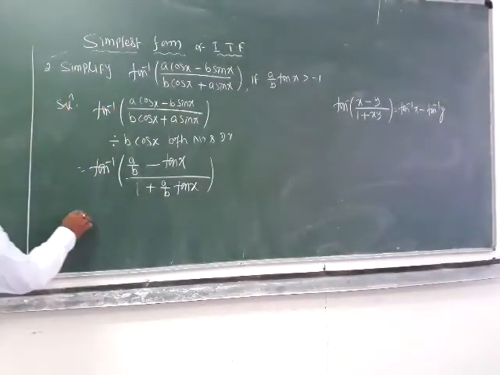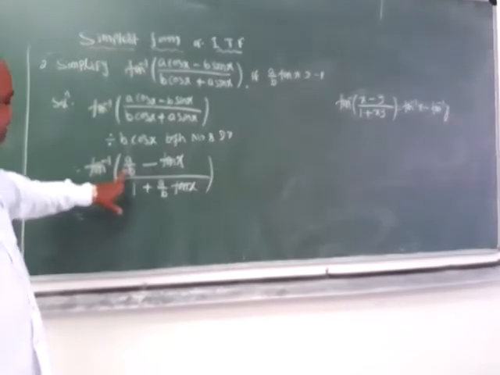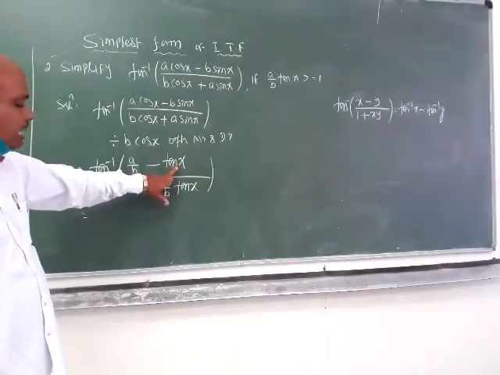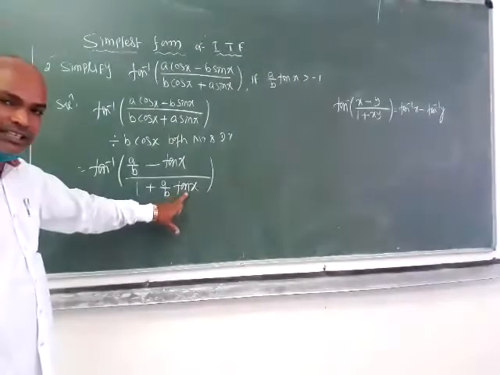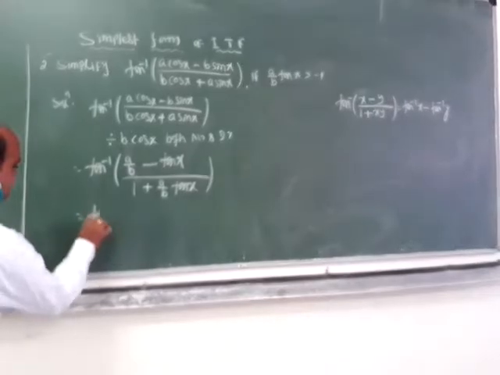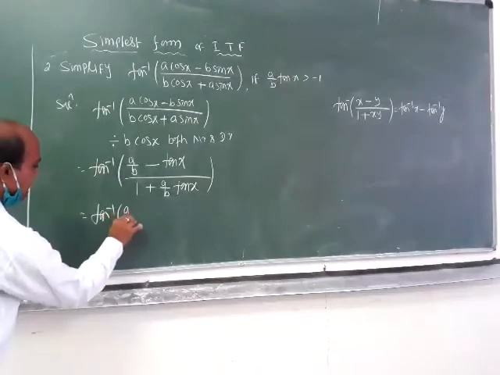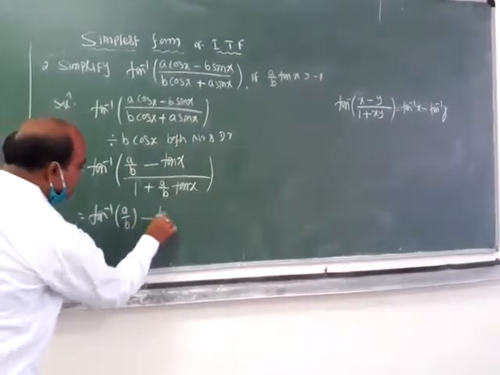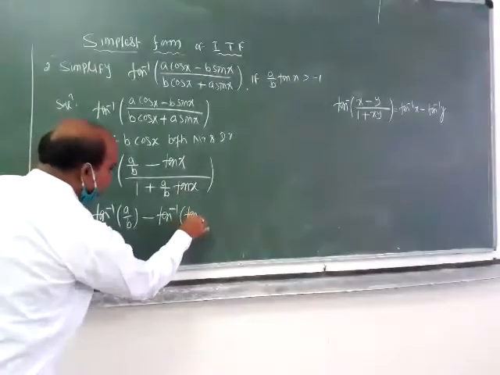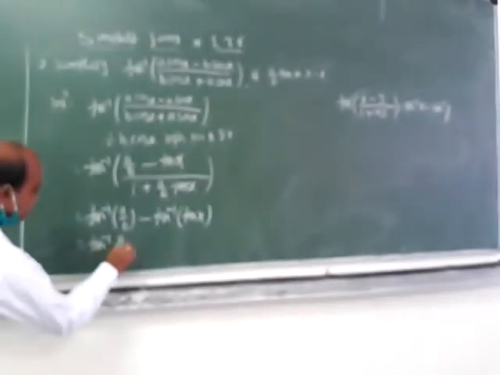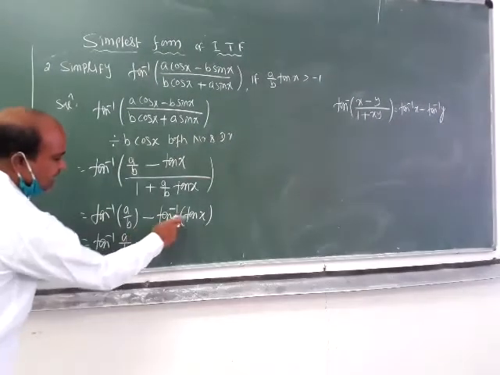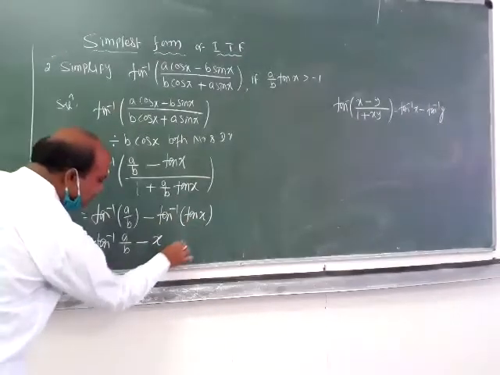Now you notice the formula for tan inverse of (x minus y) upon (1 plus xy), the result is tan inverse x minus tan inverse y. Because this is y, by using the property, tan inverse a by b minus tan inverse of tan x is equal to x.